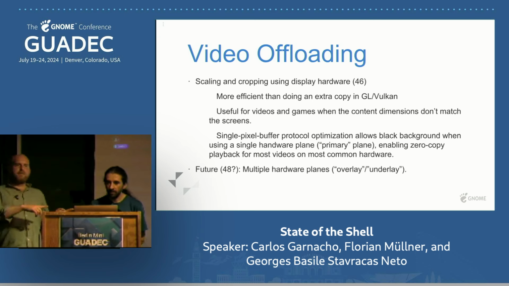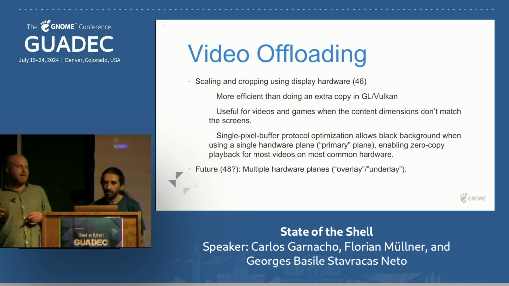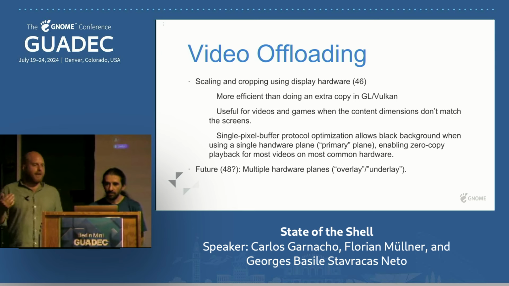I didn't say that this YUV support landed in 45. And in 46, we had a few improvements on that side, especially that we finally started to use dedicated display hardware to do scaling and cropping, or to support that.